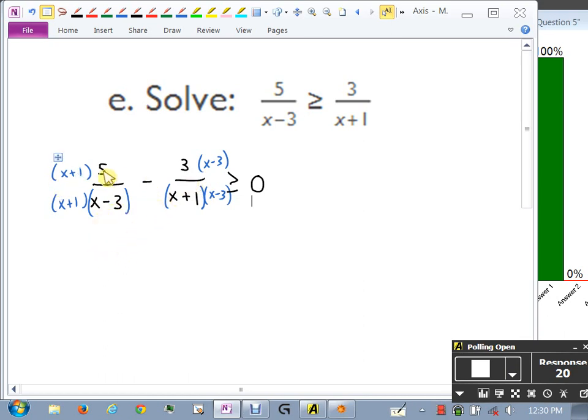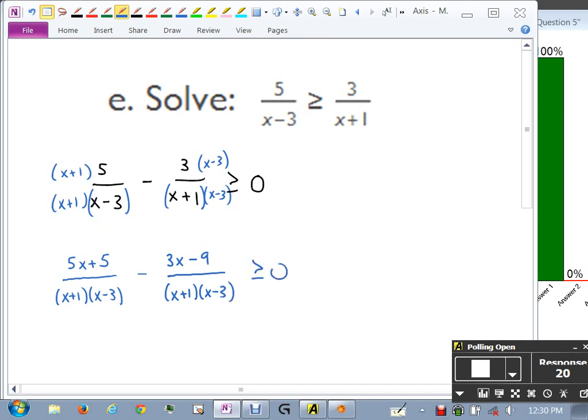Let's distribute out the top here. 5 goes through here, so I get 5x plus 5 over my common denominator. Don't multiply it out. Just leave it. Minus, multiply your 3 through here, 3x minus 9, over your common denominator.